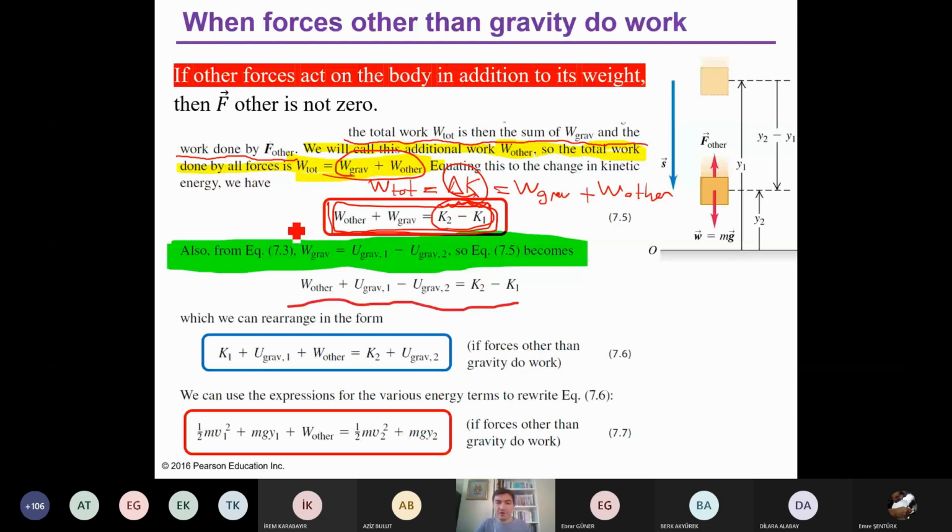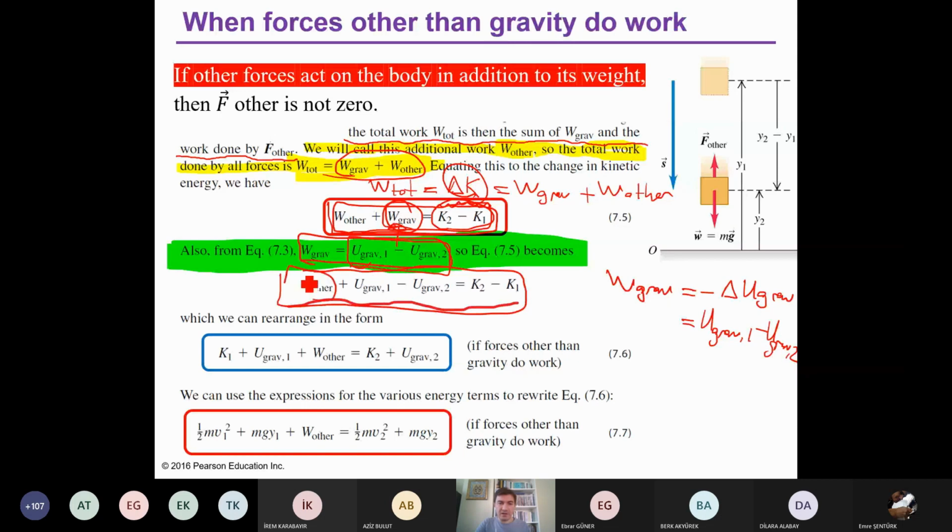So what about here, gravitational work? Gravitational work is written with this expression: minus delta U gravitational, and it is written with U gravitational 1 minus U gravitational 2. Then put this one into this equation. And then finally we have this expression. What do you see here?